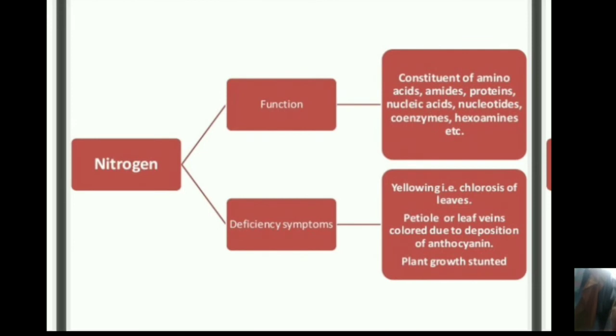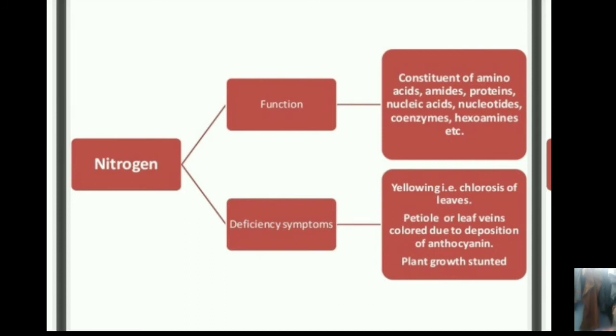So when we move to the first major macro element, nitrogen, which is required in large amounts, nitrogen is very essential for the plant in all metabolic activities. Let us see the functions and deficiency symptoms separately. What is the function of nitrogen in plants?